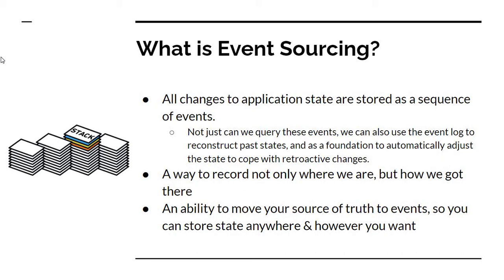In effect, and this builds onto more of a DDD CQRS style, you can destroy your state database, and as long as you have your events, you can rebuild it in any way you want. You could have your state stored in SQL one day, and then you go, okay, actually I want it in MongoDB, and then I want it in Redis, and then I want it in Elasticsearch. That's all possible because your source of truth isn't your state. Your source of truth is the events now.